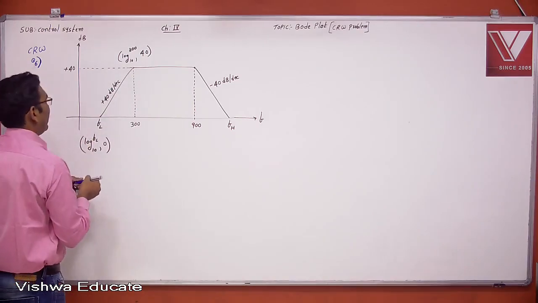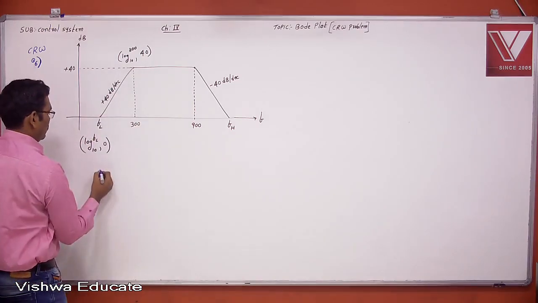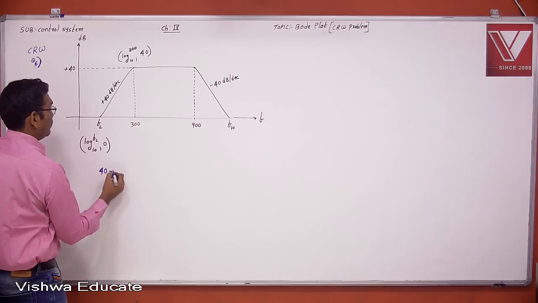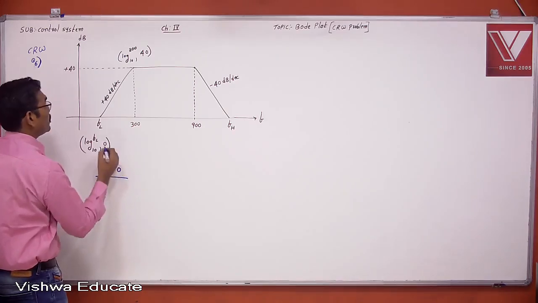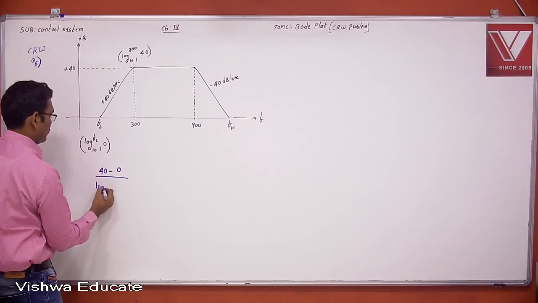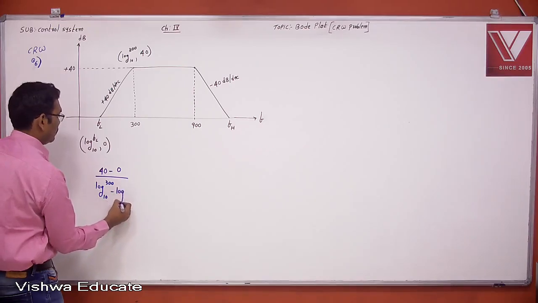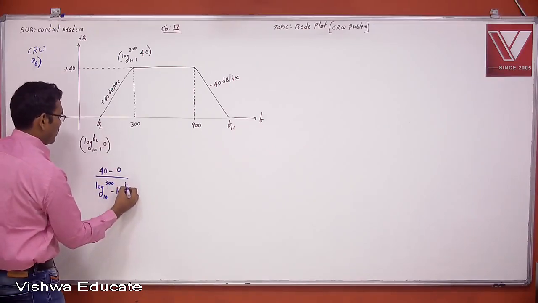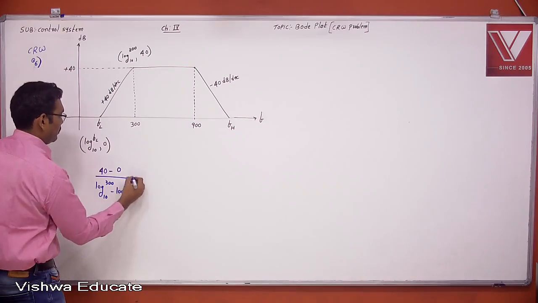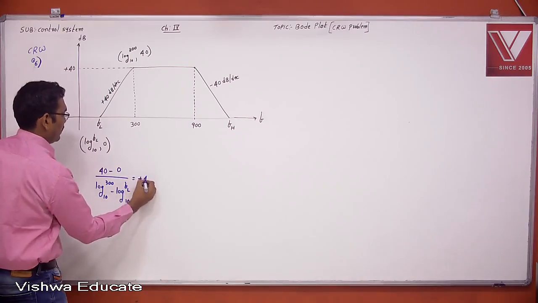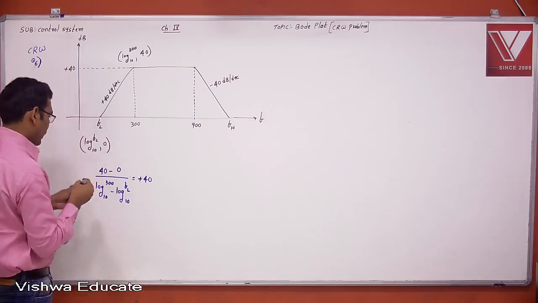So change in y-axis, 40 minus 0, by change in x-axis, log 300 minus log FL, is equal to plus 40 dB per decade.